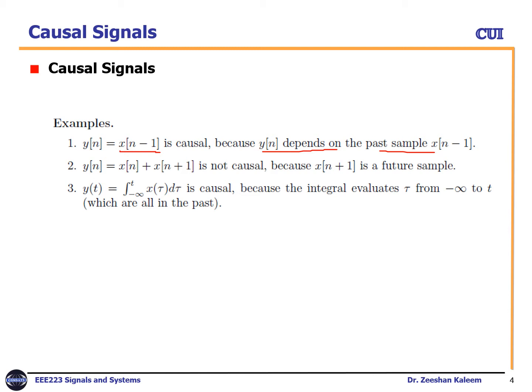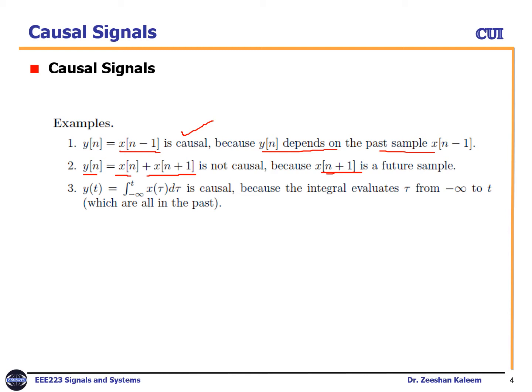So let's take another example. This was a causal signal, and now let's take an example of a non-causal signal. y[n] = x[n] + x[n+1]. It is non-causal because n+1 is a future sample. What is the future sample here? n+1 is the future sample.